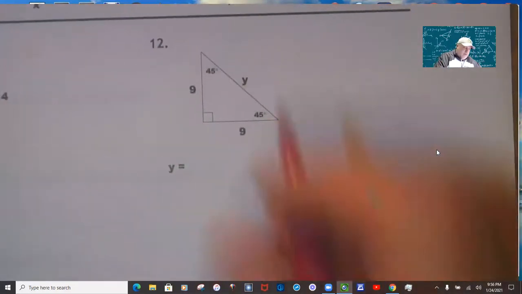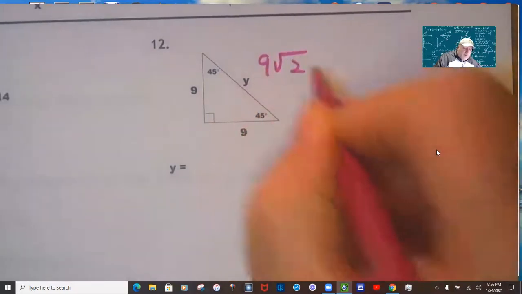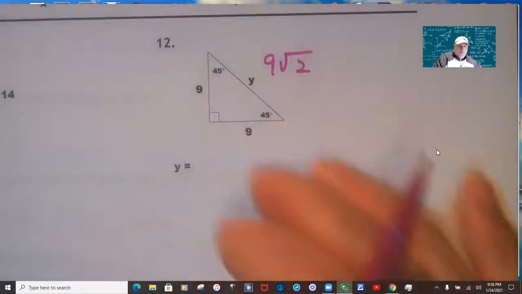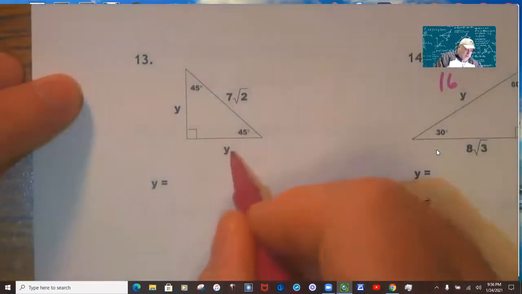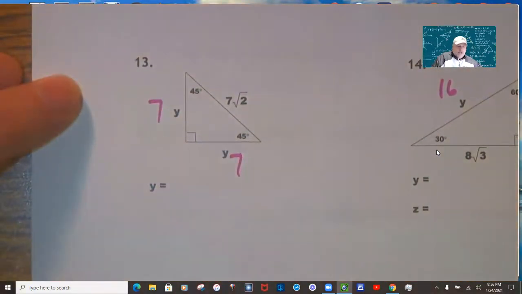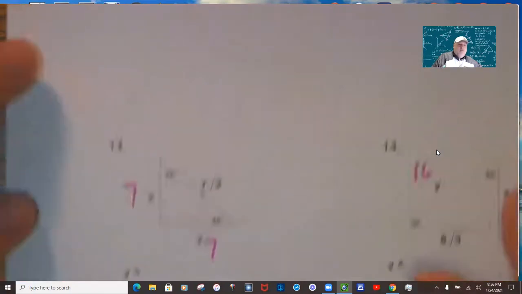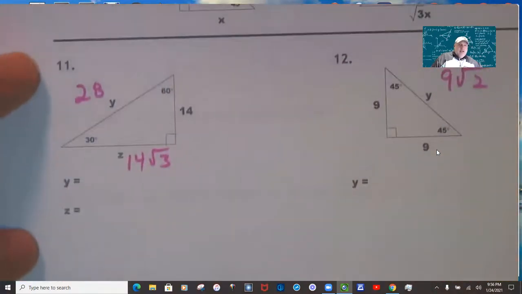Oh boy. What about 45, 45, 90? So the hypotenuse is times the square root of 2 from the given equal legs. And if you have the hypotenuse and you have the square root of 2, then the legs are just this value in front. Now, they're not always that easy, but for the sake of the spiral, I make them that easy.